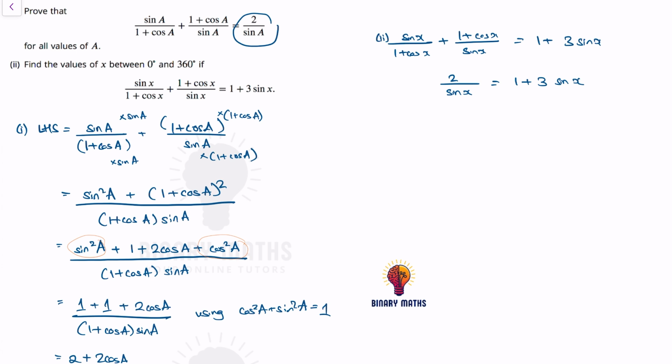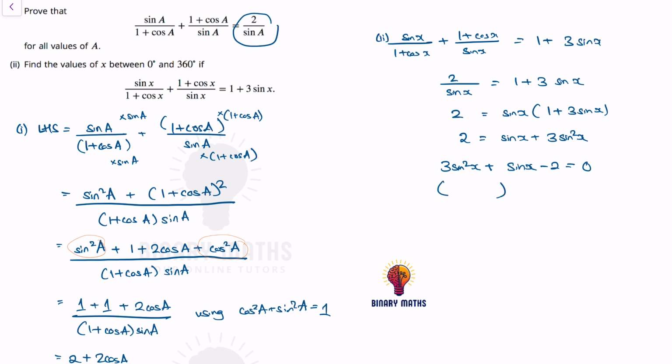Now what I need to do is multiply through by sine x on both sides. So I get 2 is equal to sine x times 1 plus 3 sine x, which means 2 is equal to sine x plus 3 sine squared x. If I take the 2 over to the other side, I get a quadratic, which is 3 sine squared x plus sine x minus 2 equals 0.